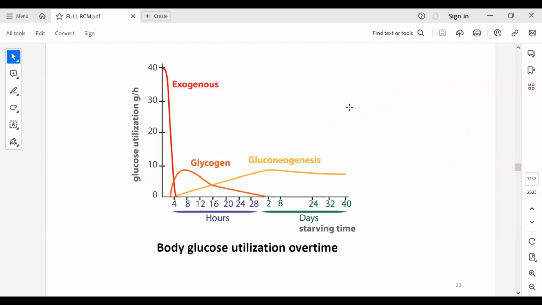So this graph is a simple graph whereby we see that once you stop eating, any glucose that is in your blood will be utilized. First of all, your ATP in the muscles will be utilized, then your glucose in the blood, then glycogen stores will be depleted, and after glycogen stores, you will carry out gluconeogenesis, which is trying to make glucose from any other source.